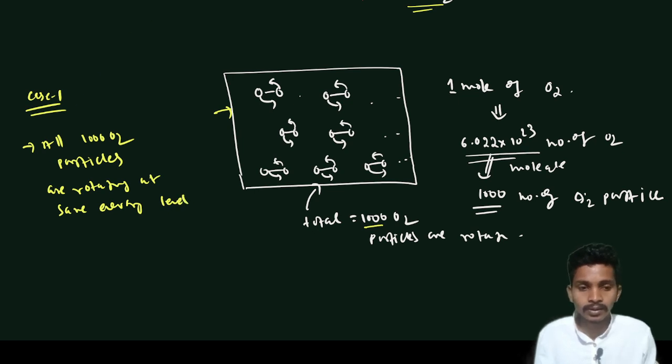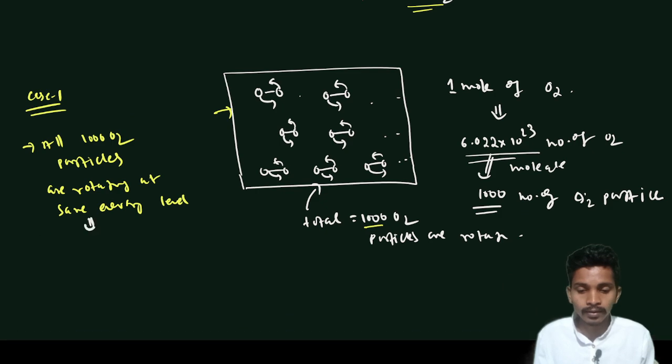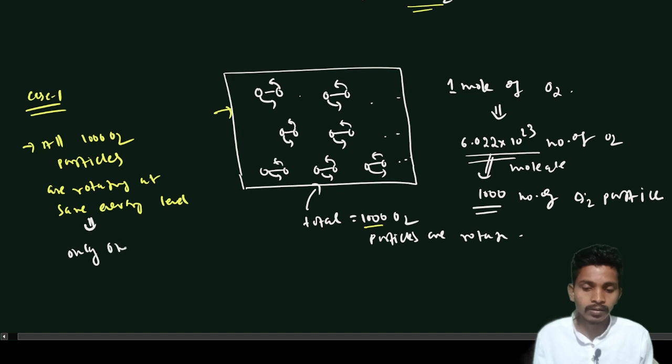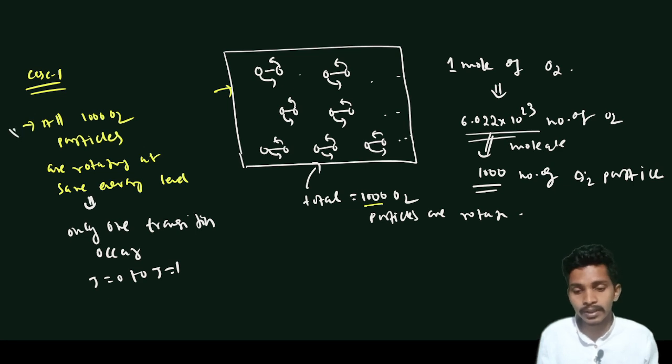This condition turns out to be wrong, because if it were correct, then only one transition would occur, that is j equal to 0 to j equal to 1. But it is not so; the transition from j equal to 1 to j equal to 2 also happens. So this condition is wrong, and we will look at the next condition.